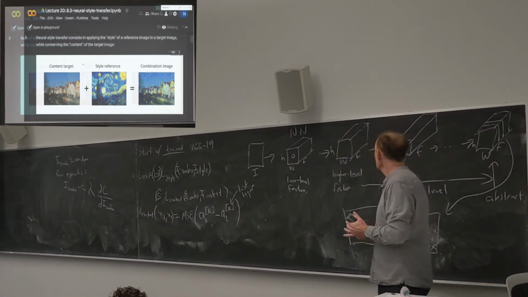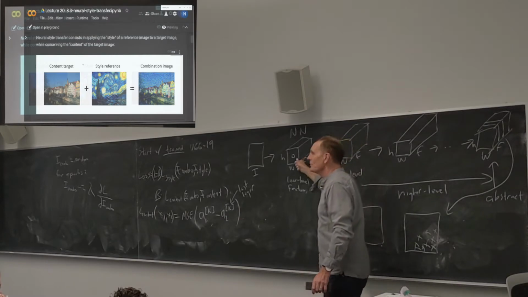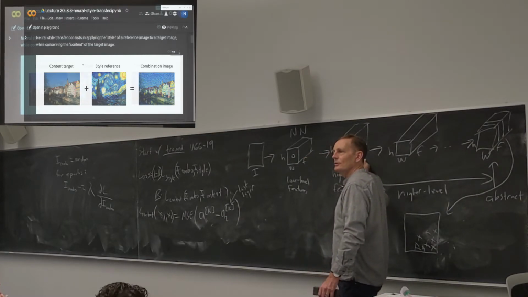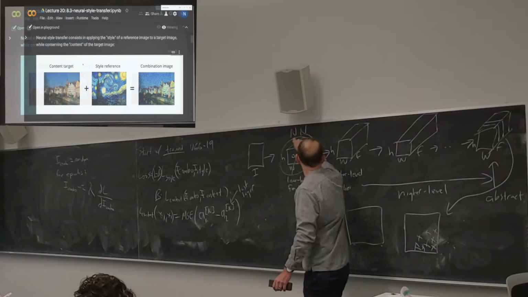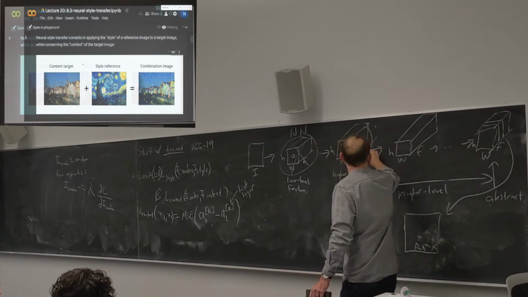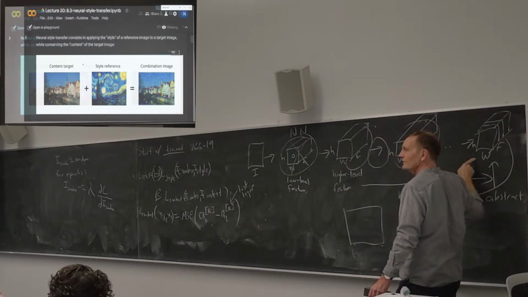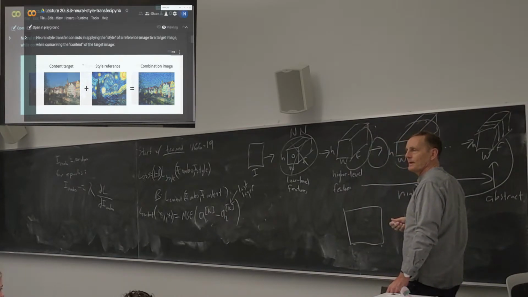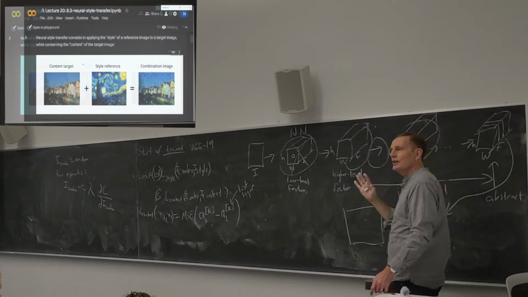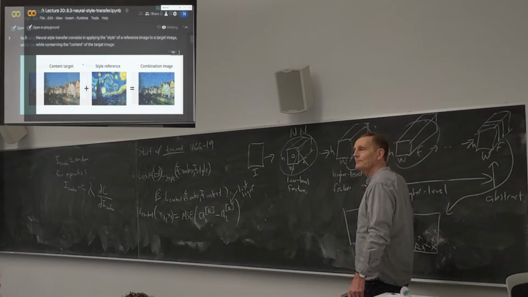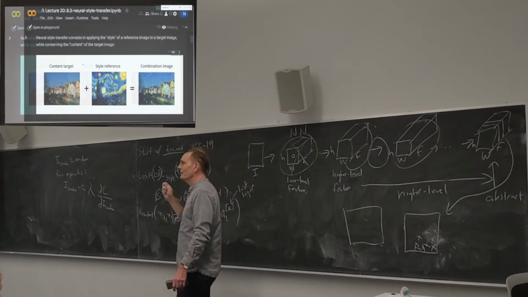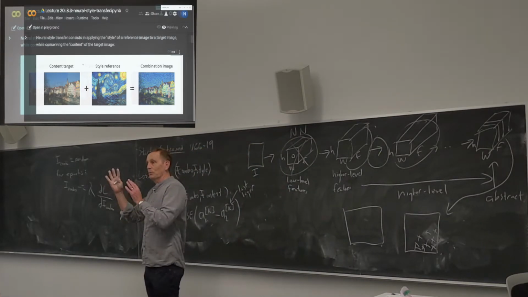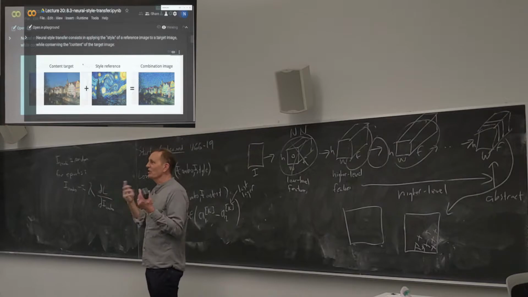So what we're going to say is, we're going to grab some representative layers. We'll grab like 5 layers. We'll grab the first layer, and maybe this layer, and this layer, and this layer. We're not going to grab the last layer, because we know that's really abstract. So we'll take some layers along the way. And now our problem is just, how do we determine loss layer to layer? And we'll sum them up. Okay?